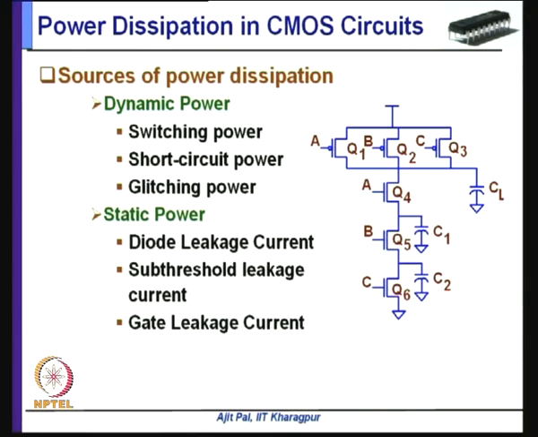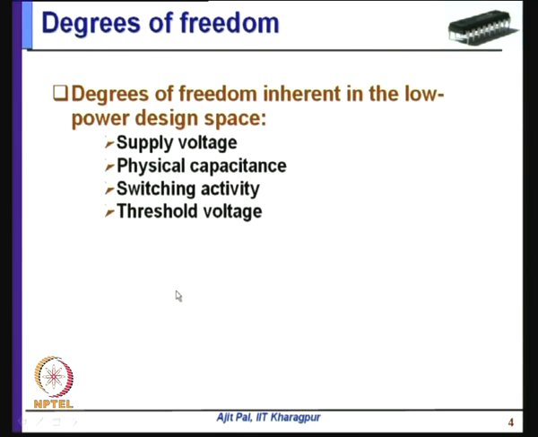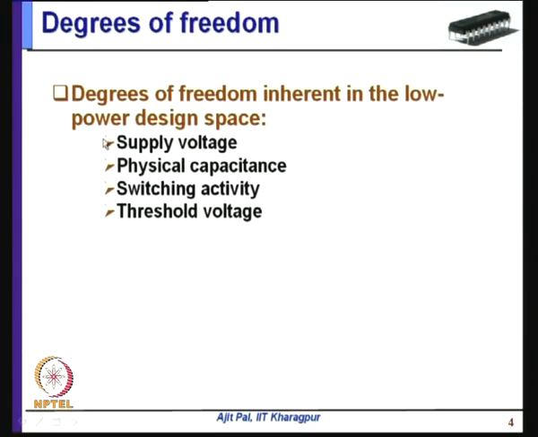Now, let us see how we can identify the degrees of freedom inherent in the low power design space. The various sources of power dissipation we have discussed. Now, on what parameters these power dissipations depend, that we have identified and discussed in detail, and we have seen that the power dissipation depends on parameters like supply voltage, physical capacitance, and switching activity.